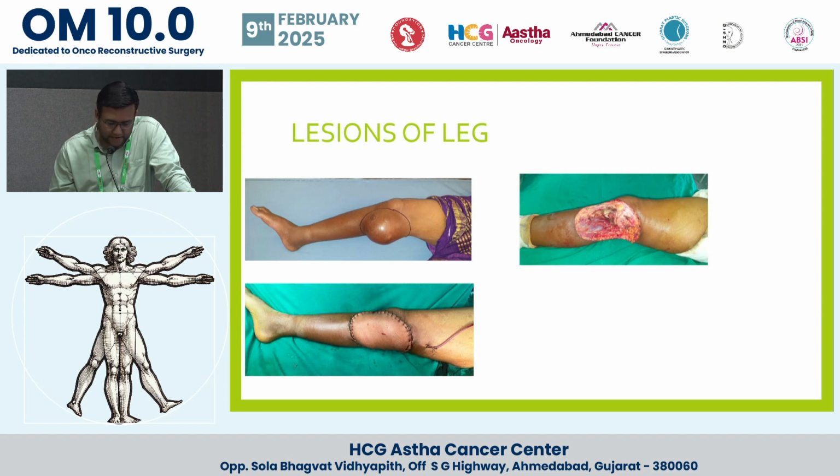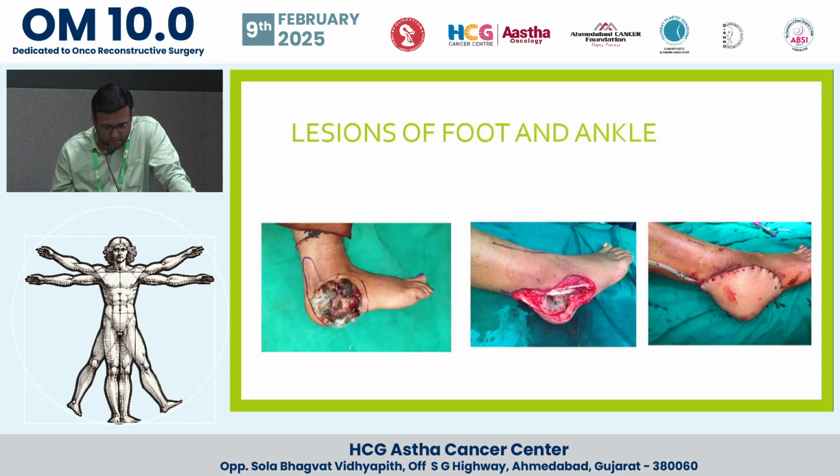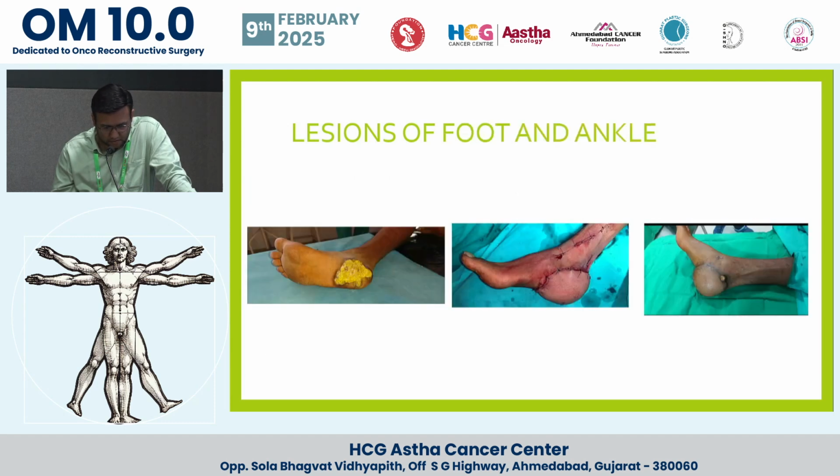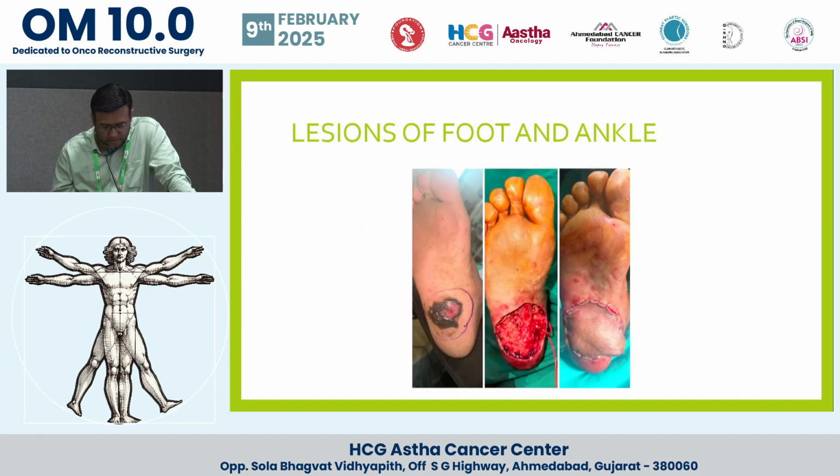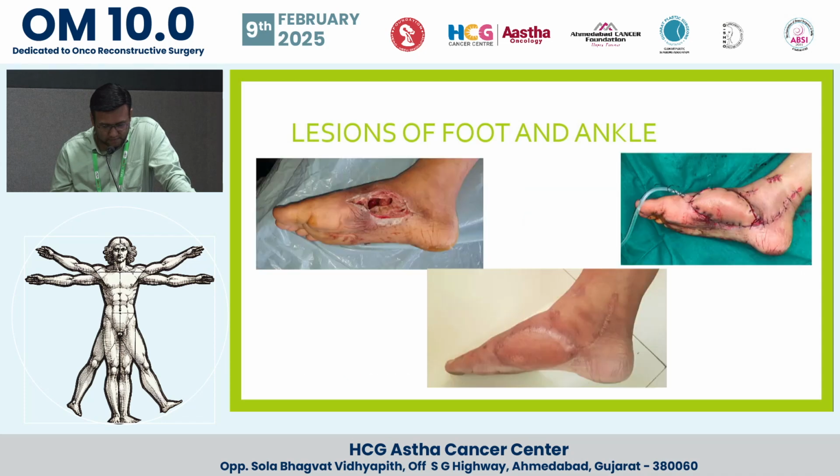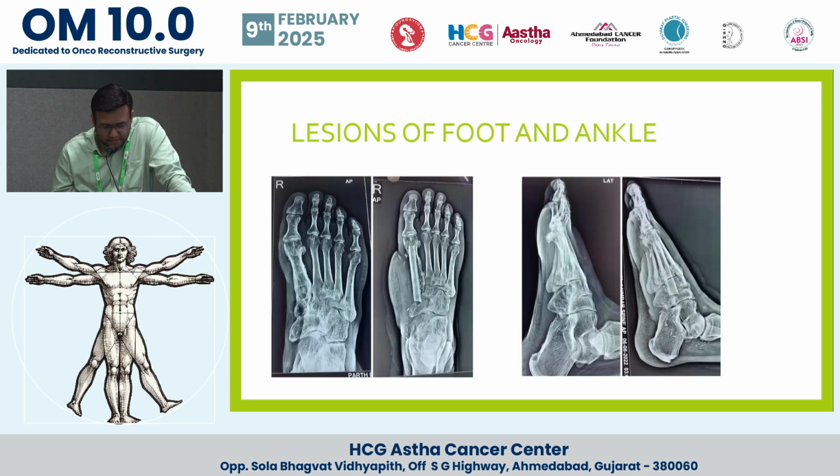We always find the deeper vessels and anastomose with the popliteal branch or any tibial branches or tibial veins. In the thigh, we use the lateral circumflex femoral vessels for the anastomosis. For foot and ankle region lesions, ALT flaps are good options. Radial flap for superficial defects. Another radial flap. Fibula flaps for bony defects. This is the post-op X-ray.